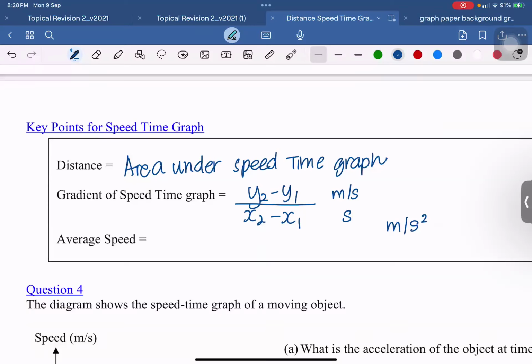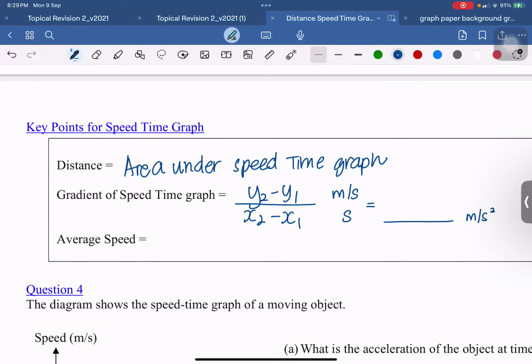So what does meter per second square tell you? You all study physics, you all know, right? Meter per second square is the unit for what?